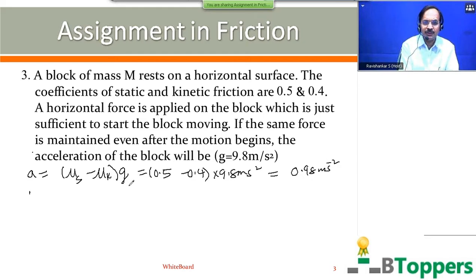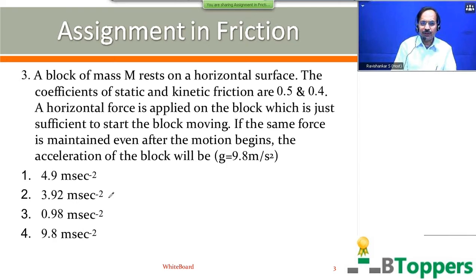In case you are given this same problem in the board examination, then you have to derive this result which I discussed in special case 1 in the beginning of all the special cases in friction. Then you have to substitute the values. So for question number 3, which I have just now discussed, the third option is the answer. So next I am going to discuss question number 4.